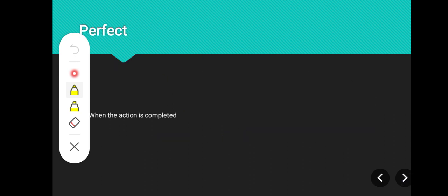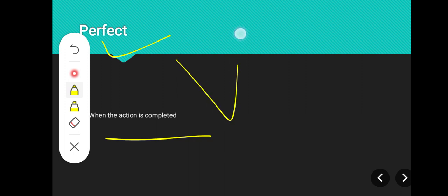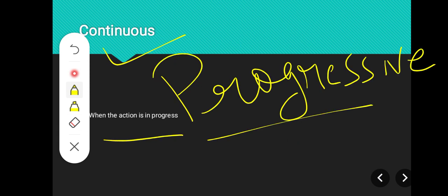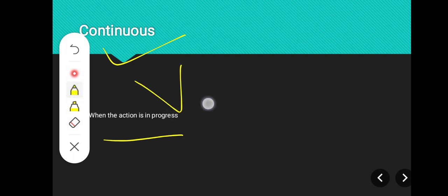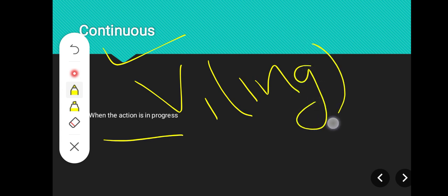Then we have perfect. When the action is completed, that type of tense is called perfect tense. We use the third form of the verb with this type of tense. And in case of continuous, we use first form and ing.